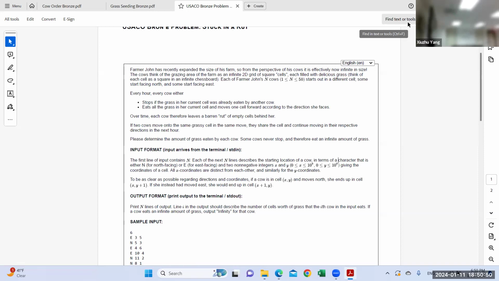So what I will do at this moment is add this cell. Let's say this cell's coordinates are 0, 0.